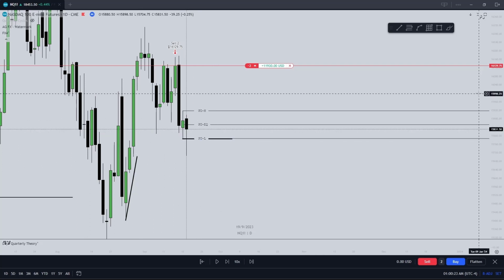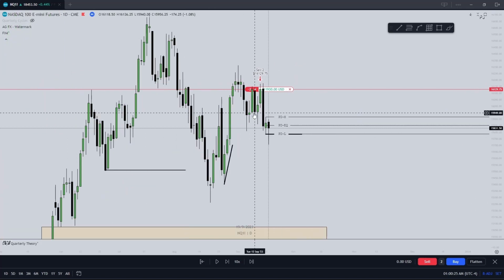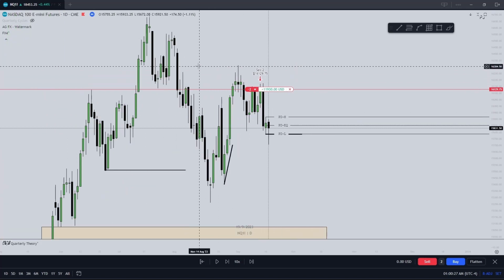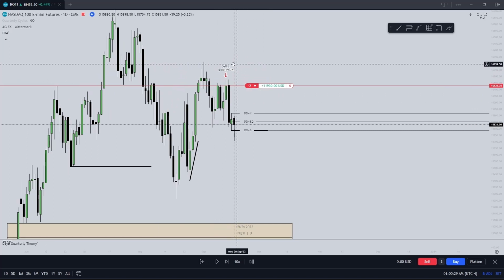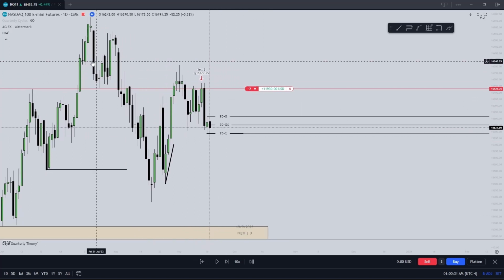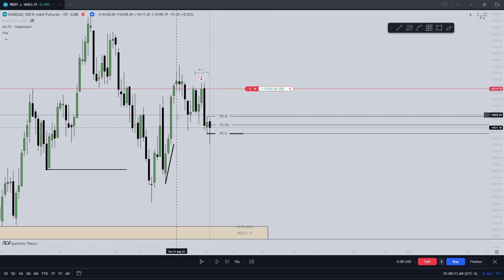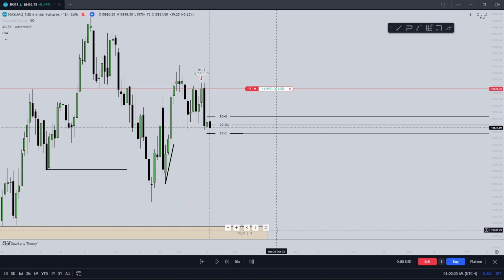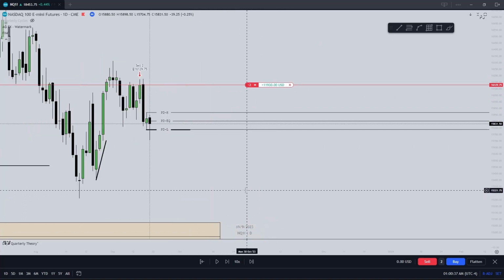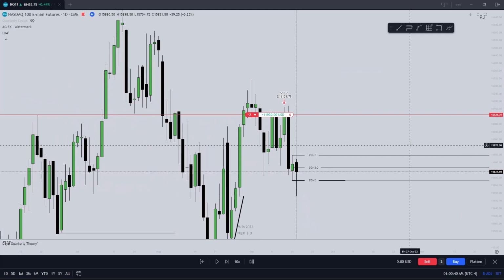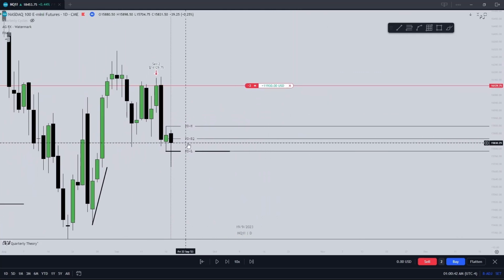All right? And that leaving that fair value gap open, responding to this fair value gap, shows that higher time frame order flow has now shifted bearish, correct? So now that we've shifted bearish, this long wick would want to get filled to and through.